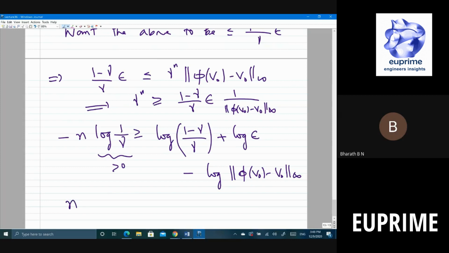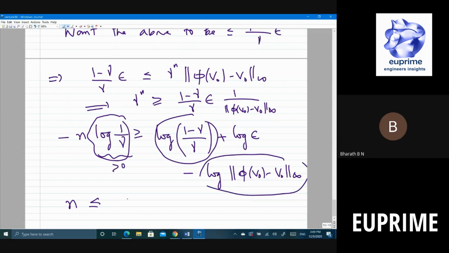n is less than or equal to, basically you have log nu and all that, right? If you don't worry about these terms, it only depends on, well, I have to multiply by minus on both sides, so log epsilon becomes log 1 by epsilon. Now the only parameter that I'm interested in is epsilon, so I'm going to make epsilon smaller and smaller and see how n changes only with respect to epsilon. I don't care about the other terms, right?